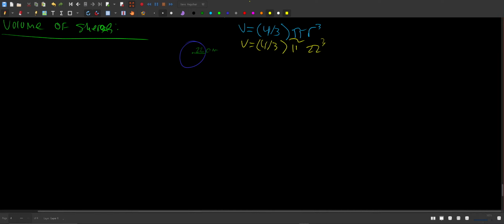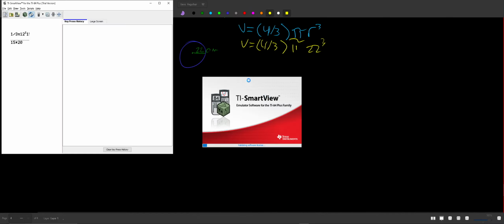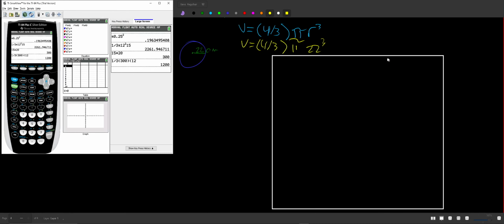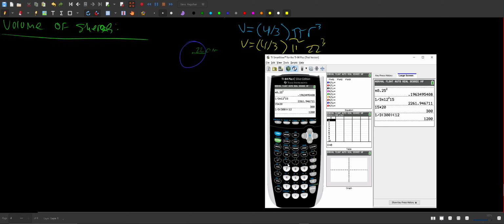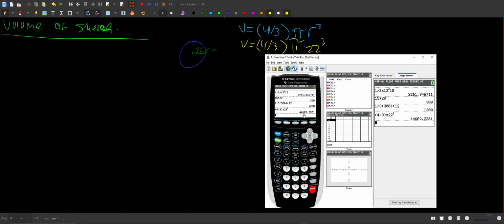So all we have to do is parenthesis 4 divided by 3, second up for pi, then 22 up 3 for cubed. And there's our answer.